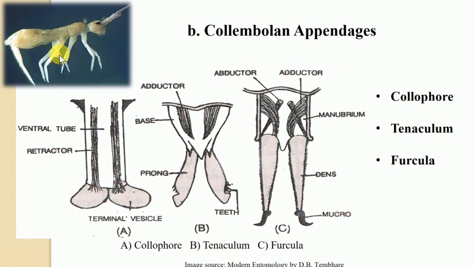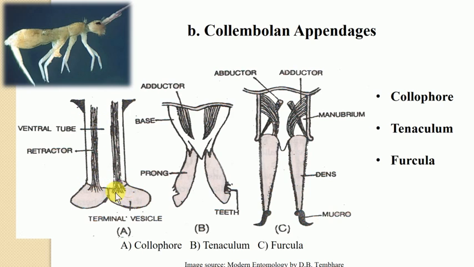Now it is a long cylindrical tube terminating in a bilobed protrusible vesicle. So here you can see a bilobed protrusible vesicle, and this protrusible vesicle is filled with whatever blood is contained in their body. Now this collophore is a movable structure, and it is articulated by a pair of retractor muscles.